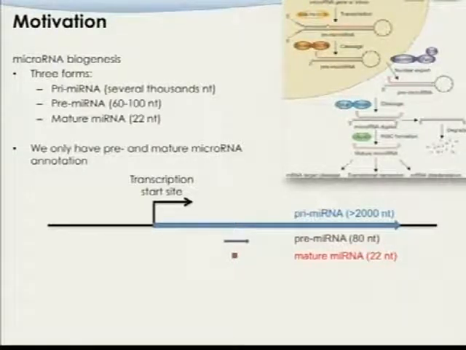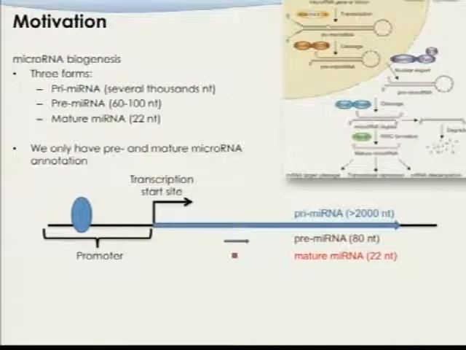I mentioned there are three different forms of microRNA: primary, precursor, and mature microRNA. If I put that on the DNA, this is the primary microRNA. It's very long, and then the precursor and mature, right? If we want to study how these microRNAs are regulated, we better go to the transcription starting site of this microRNA and look for the promoter regions, and further look for which transcription factors are binding in those regions.